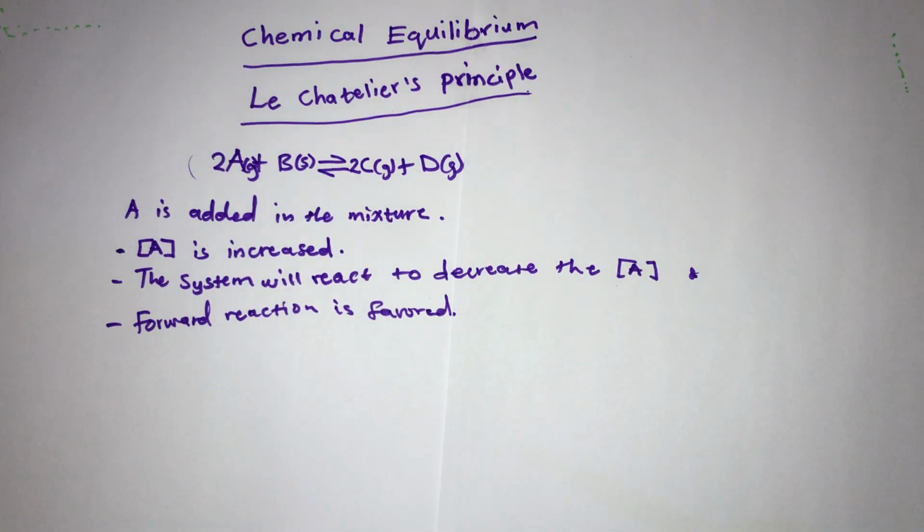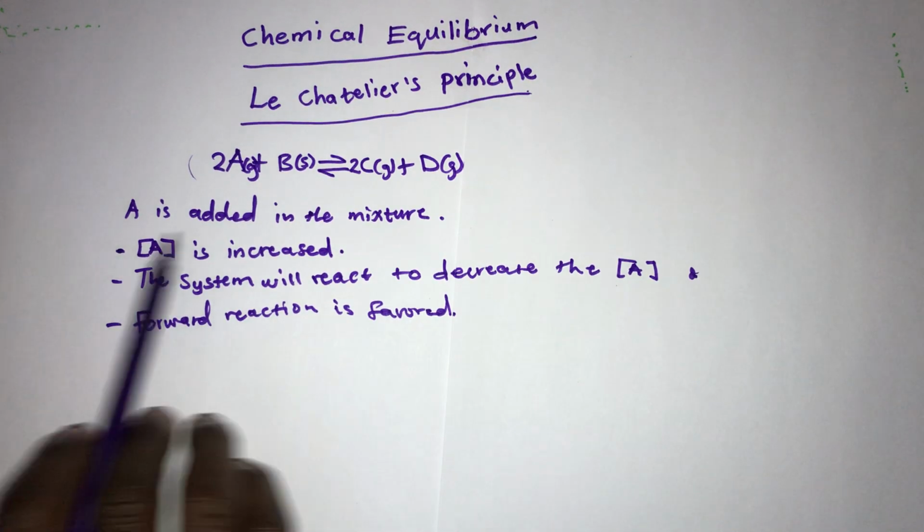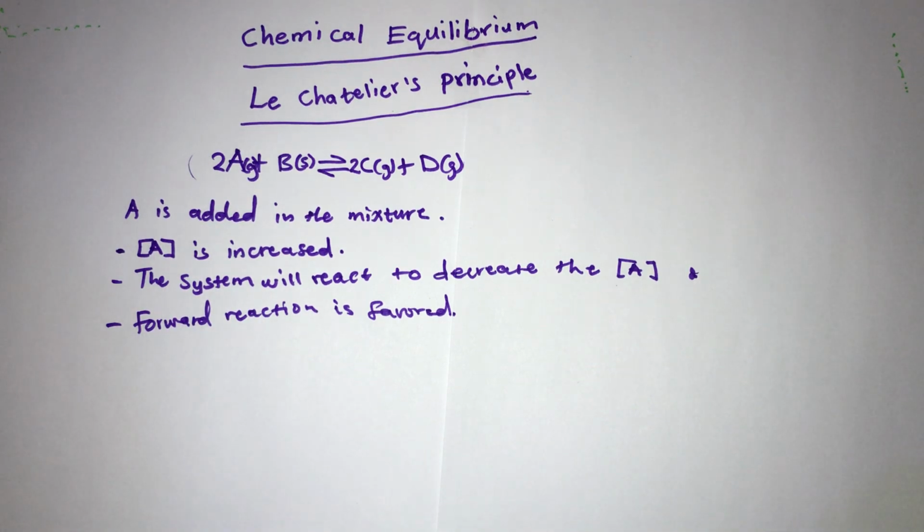So when you add to this side, the system is going to favor the other side. But when you remove, it's vice versa. When you remove from that side, the system is going to favor the same side. So here, since we are adding A, the system is going to favor the other side. The other side is our forward reaction, and the reactants are the reverse reaction.